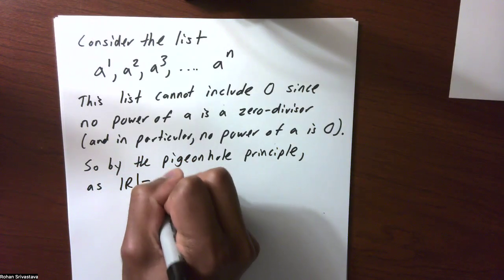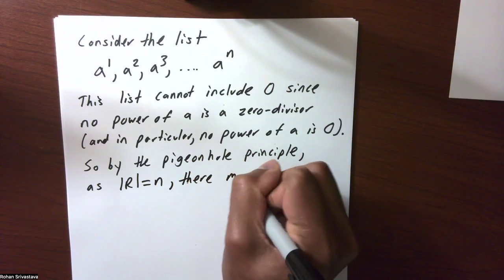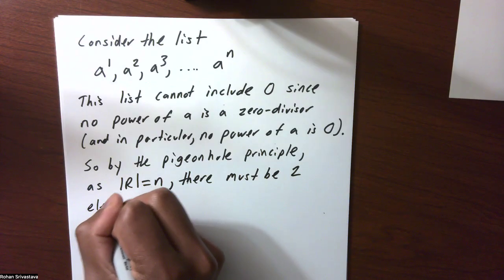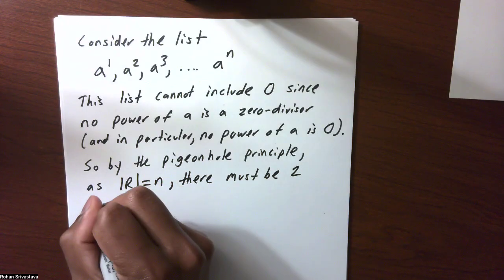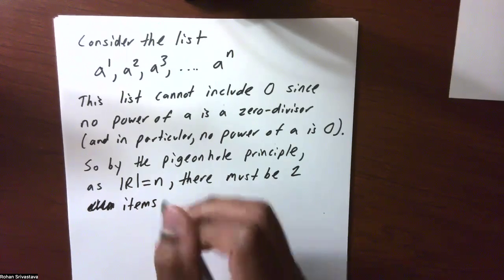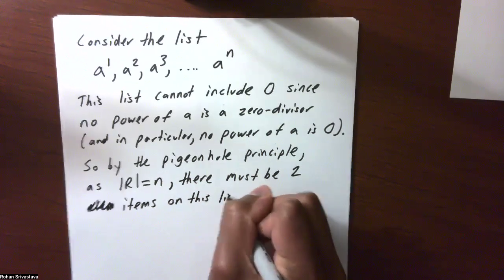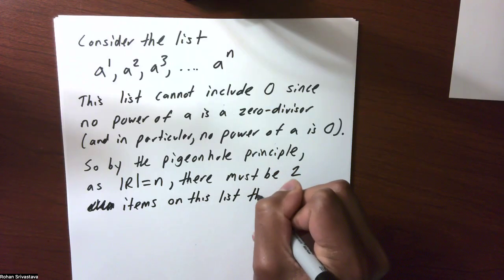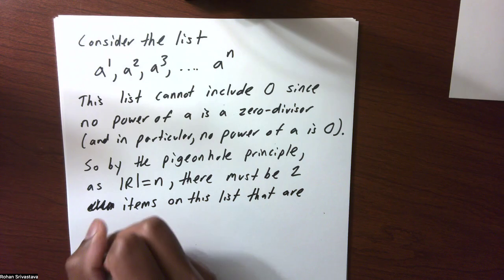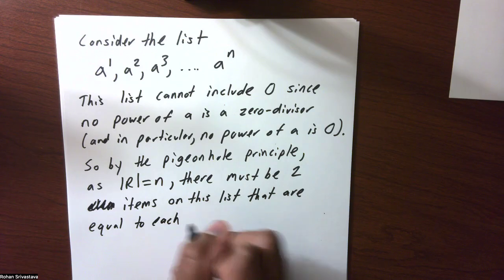as the cardinality of R is equal to n, there must be two items on this list that are equal to each other.